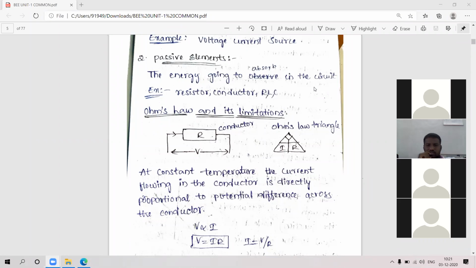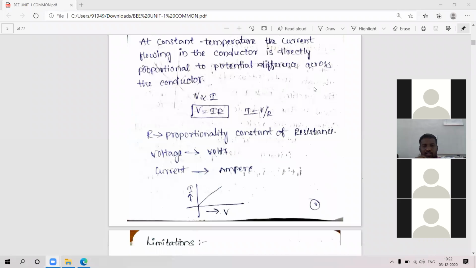If you place your thumb on I, what you can observe is numerator by denominator, that is V by R. Suppose you want to know the value of R, how is it looking? It is V by I. Likewise we can get the value of any parameter. If you know two values, you can get the unknown value from the Ohm's law triangle.